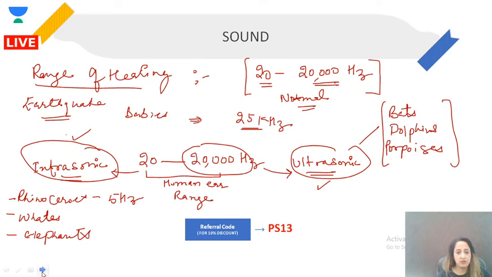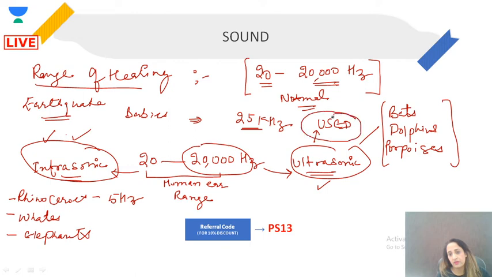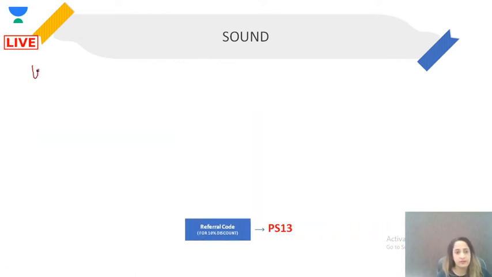And now, of course, infrasonic is not of any specific use, but ultrasonic is used in various areas. So let's quickly discuss uses of ultrasonic waves.